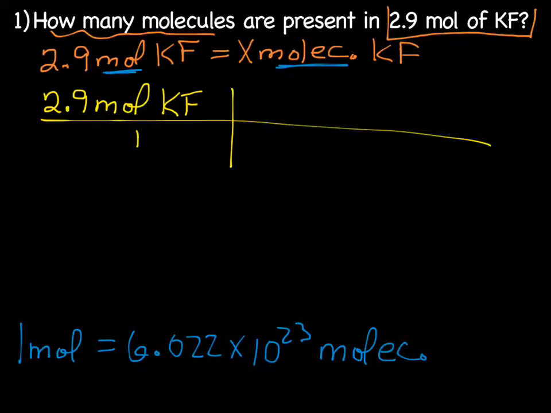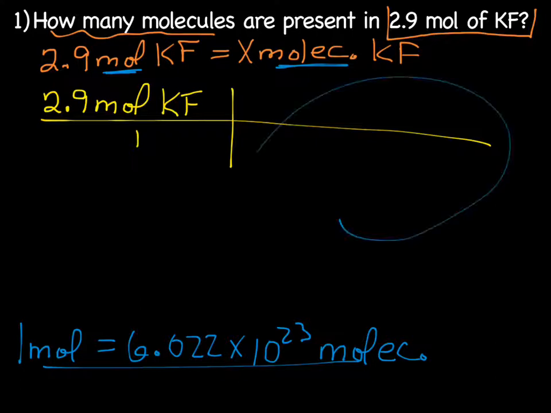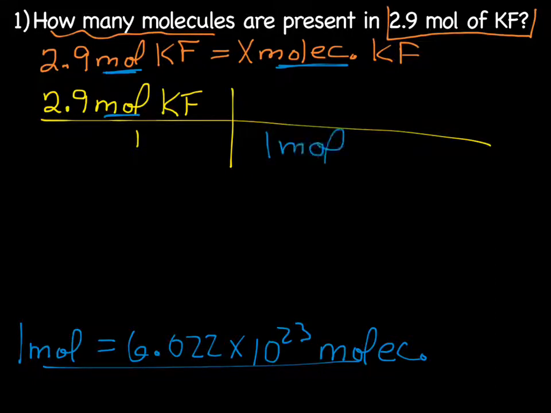Okay, and now this needs to go in so the units cancel out. Let's look at what unit we have at the top. We have mole. So at the bottom, we're going to put the 1 mole, which means we've used this one. So that means the molecule 1 goes on top.